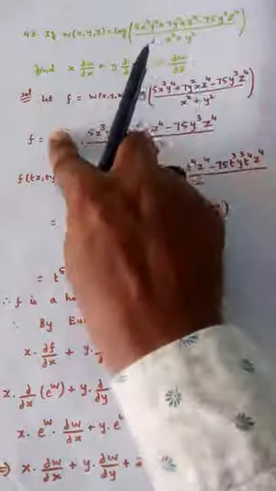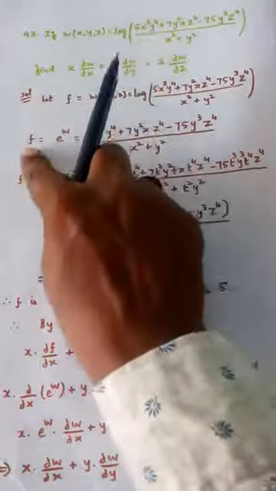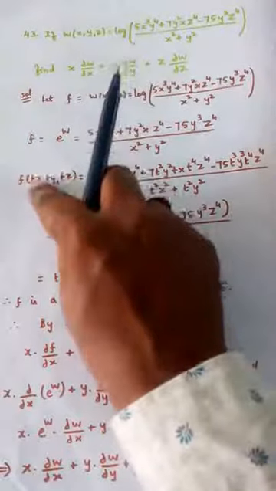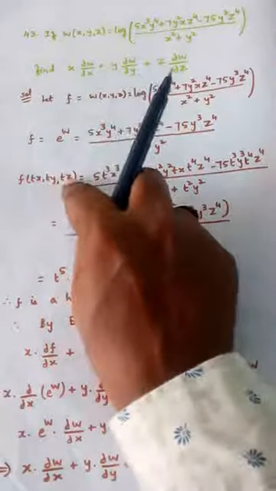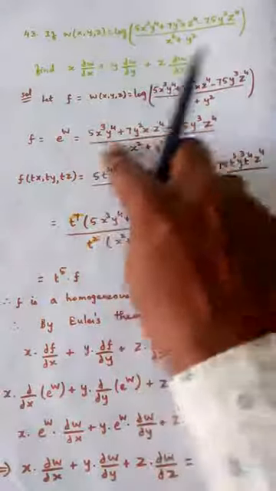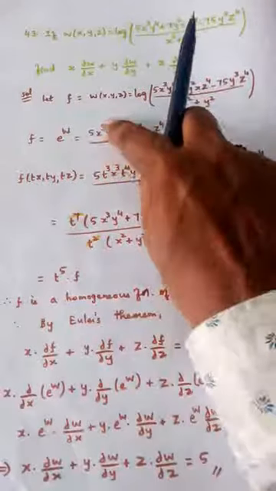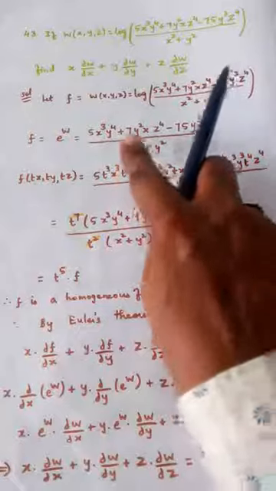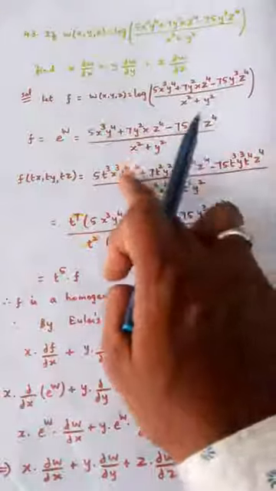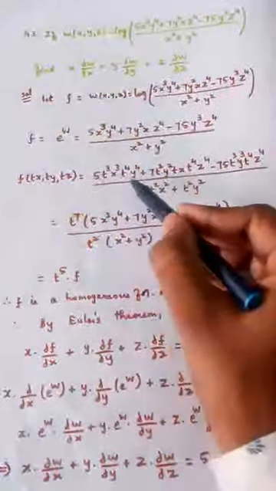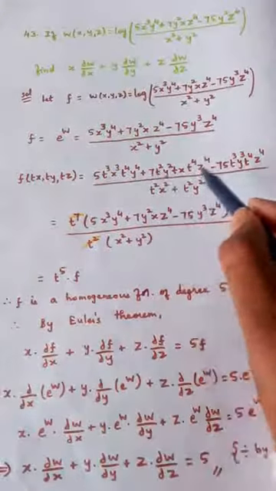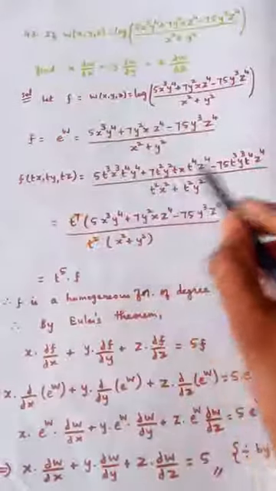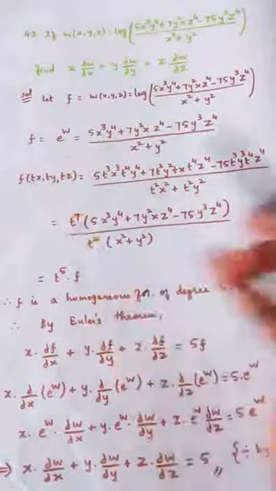Now just forget about this, take these two and replace x as tx, y as ty, z as tz in this RHS. So x cube becomes t cube x cube, y power 4 becomes t power 4 y power 4, like that if you do. From all the terms, the first term, second term, third term, t power 7 can be taken outside.